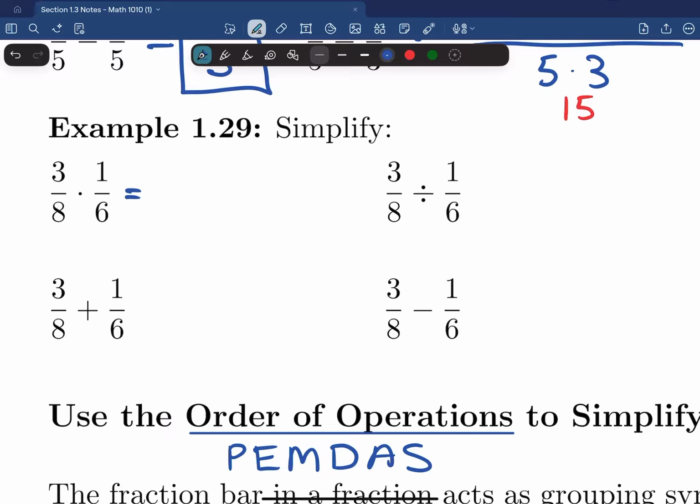When I multiply, I just multiply the numerators together, 3 times 1, and the denominators together, 8 times 6. I ask, can I reduce any further? Well, 3 and 48 are both divisible by 3. So you could think, I'm dividing 3 out of top and bottom. So I get 1 over 16.